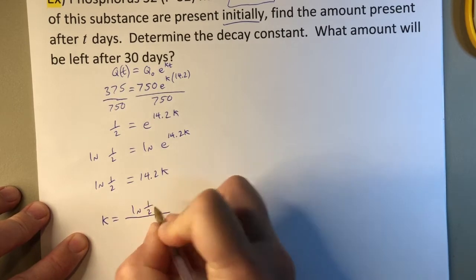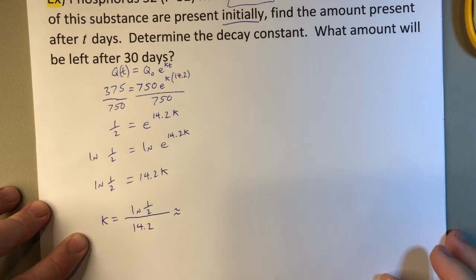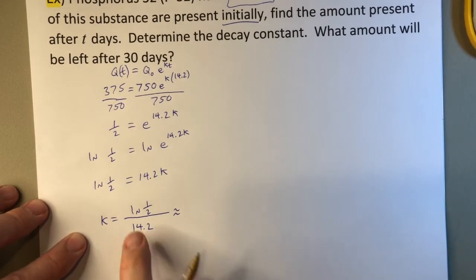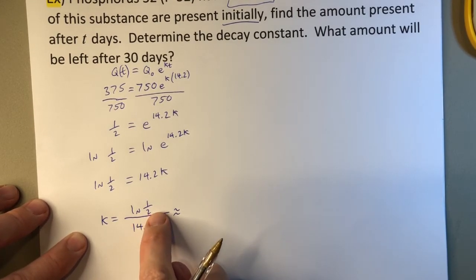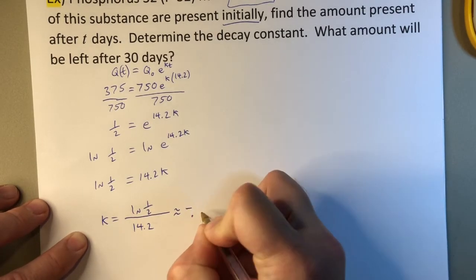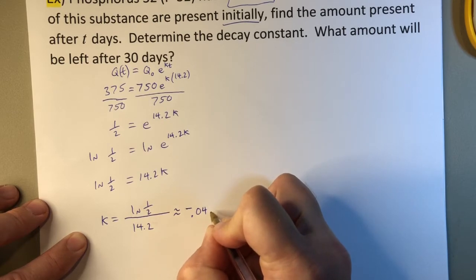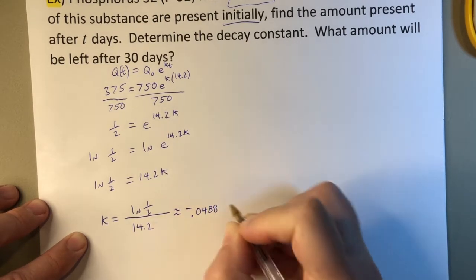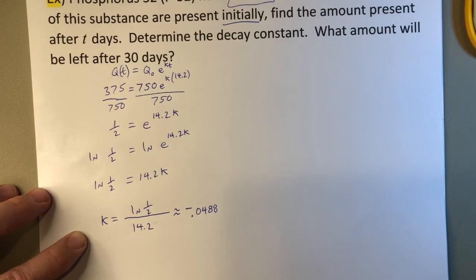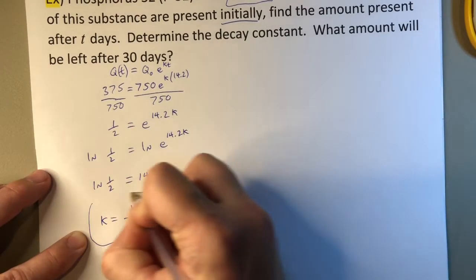So we get ln of 1/2 over 14.2. If you wanted to approximate this to 4 decimal places, you would put the natural logarithm of 1/2 in your calculator and divide it by 14.2. And I believe you get the opposite of this, 0.0488. Note that k is negative. All right, so that's the decay constant. We have that part taken care of.